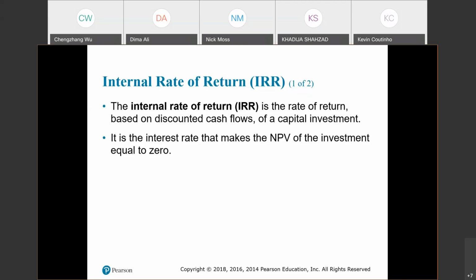In other words, the internal rate of return is the interest rate that makes the initial cost of the investment equal to the present value of the investment's net cash inflows, which means the net present value is 0. Basically, the higher the IRR, the more desirable the project is.